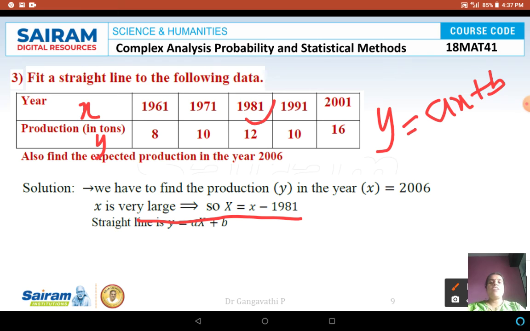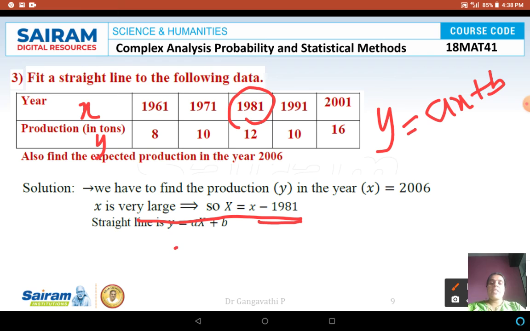The middle value can be subtracted from the exact value. This is just for the sake of simplification. Even with the same values of x, you can proceed, but it will take a little time and the numbers will be a little big when entering them in the tabular column. Otherwise, you can do it. So just for the simplification purpose, we have taken capital X as x minus 91.